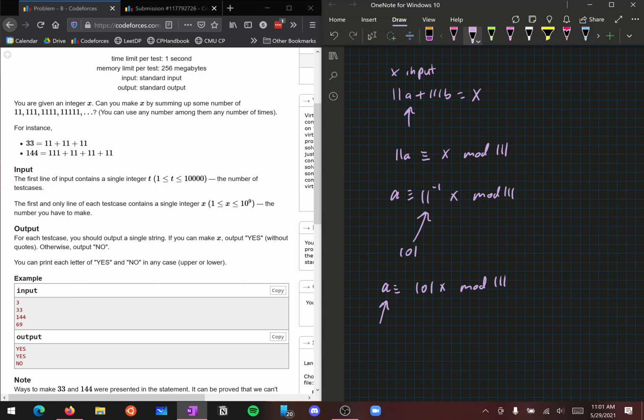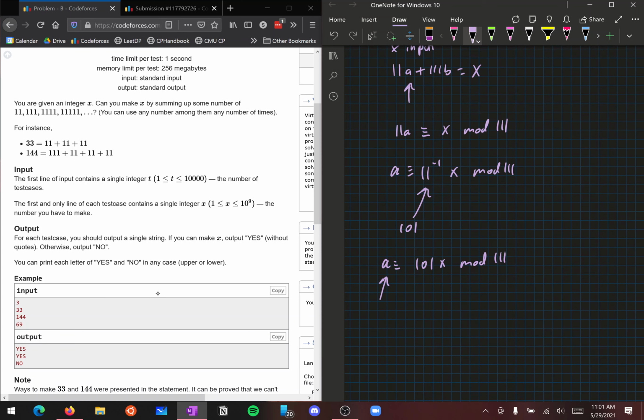So now that you have a, you can ask, is my a small enough? Because we know that x is always going to be positive, the solution has to be positive, so we can't have b be a negative number.